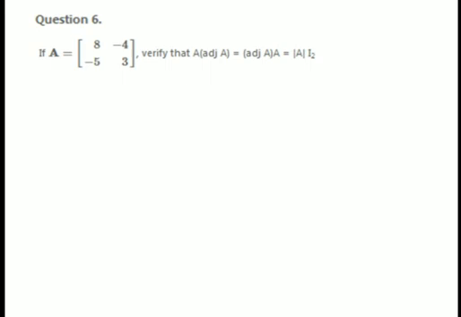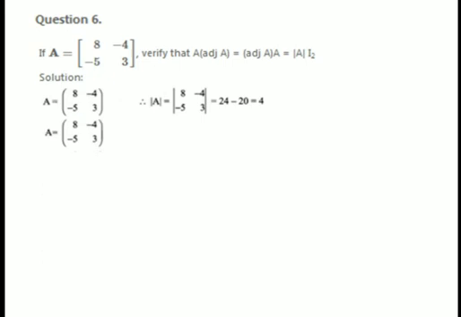Next question: if A is given, verify that A adjoint of A equal to adjoint of A into A equal to A modulus I2. A you take it and write. Therefore A modulus, you change the 8 and 3. Find out the A modulus. After that adjoint of A, you change the 3 and 8.